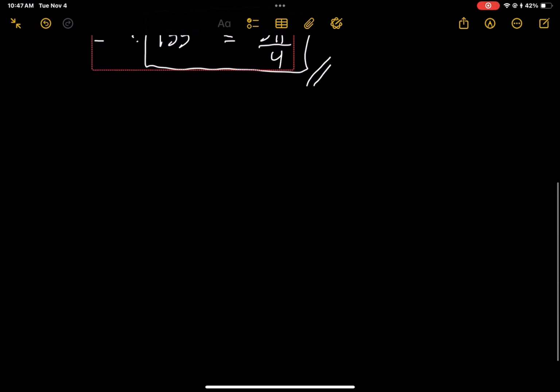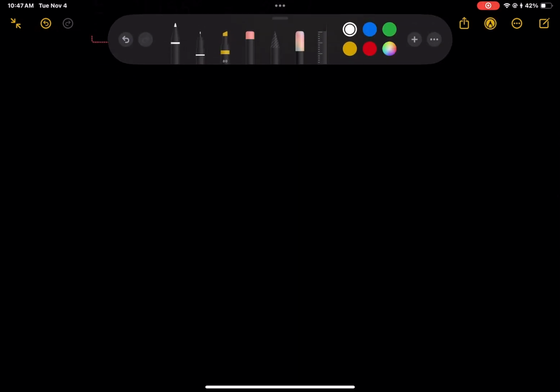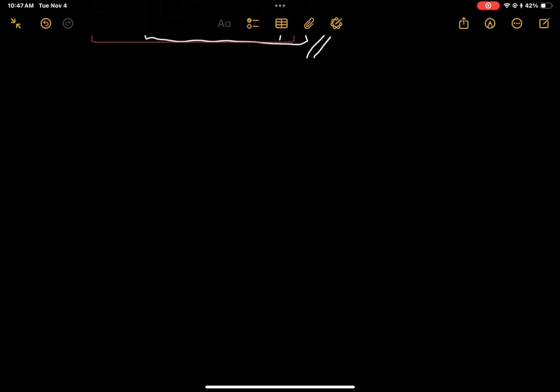Moving on to our second problem, vice versa. We'll have to convert 5 pi over 6 to degrees.